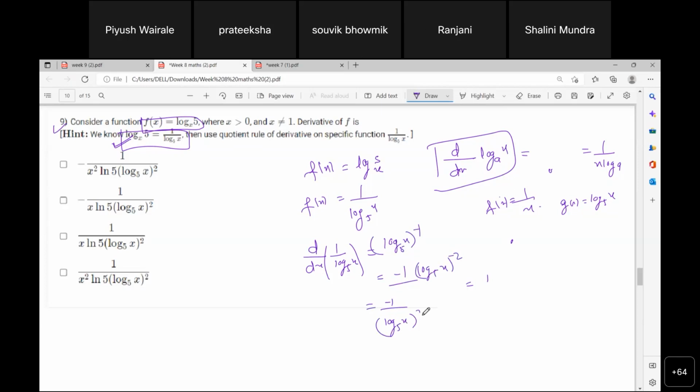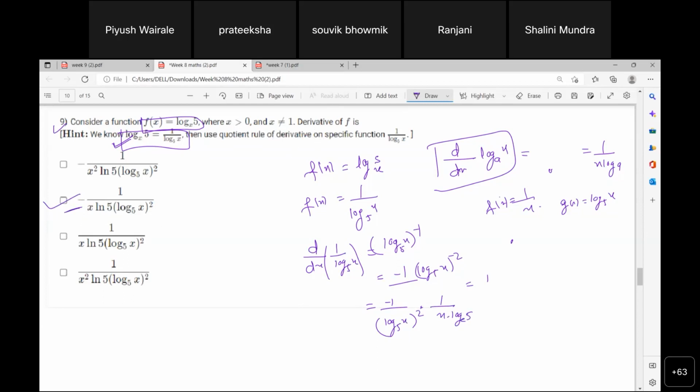So it's the differentiation of this composite function, right? The differentiation will be minus 1 upon log of x to base 5 whole square, into the derivative of this function, 1 by x into 1 by natural log of the base 5. So the correct option will be this one, right?